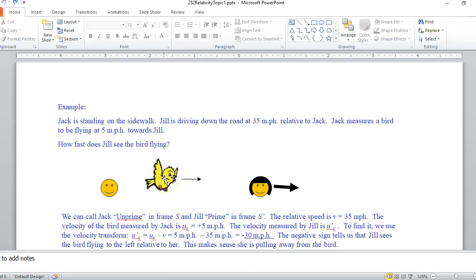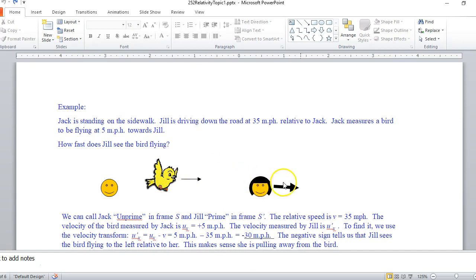If I ask you how fast Jill sees the bird flying, you might think she's going 35 miles per hour to the right relative to Jack, the bird's going 5 miles per hour to the right, so it looks like Jill would see the bird traveling at 30 miles per hour.